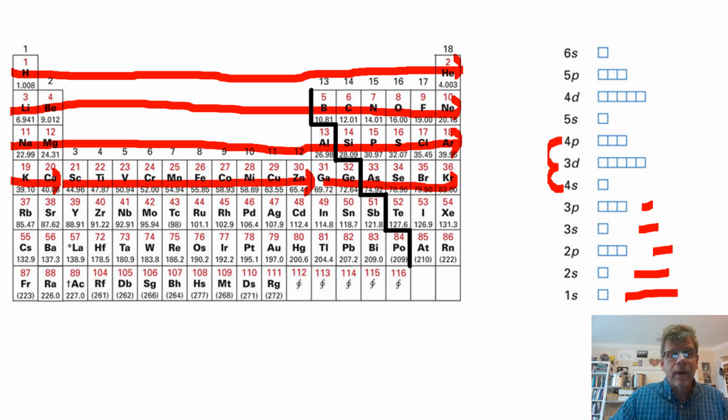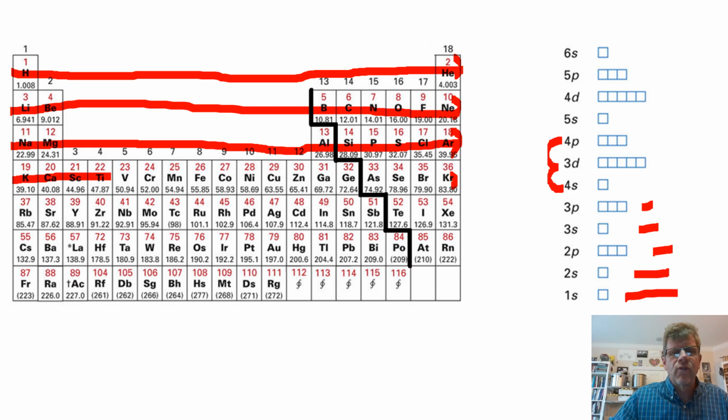A common mistake would be to go, on this fourth line now, 4s, 4d, 4p. It's not. It's 4s, 3d, 4p. And that's how we follow these as we're coming to terms with expressing electron configurations for the heavier elements, or certainly out of the second row on the periodic table, which we'll look at next.